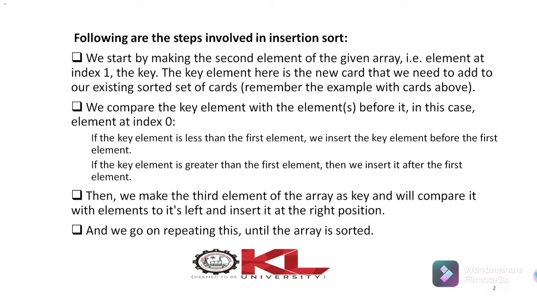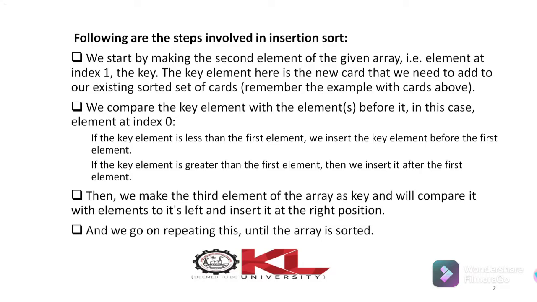If that key is less than the second element, then that second element is shifted one step right, and the key element is again compared with the first element. If the key element is less than the first element, that first element is also shifted one step right, and we keep the key element at the first place. Now we move on to the third pass.